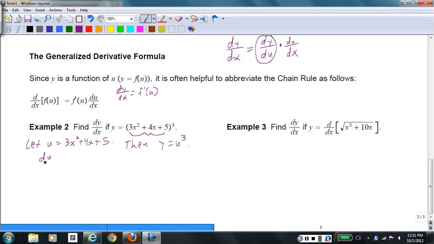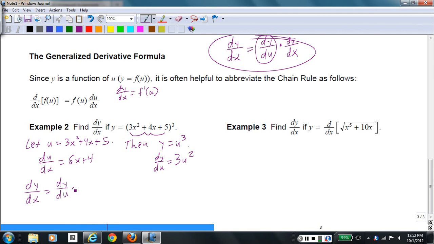du dx equals 6x plus 4. We take that derivative. And dy du equals 3u squared. We take that derivative. And then according to this up here, we multiply dy du by du dx. So dy dx equals dy du times du dx.